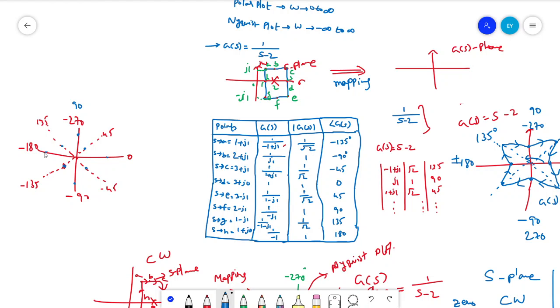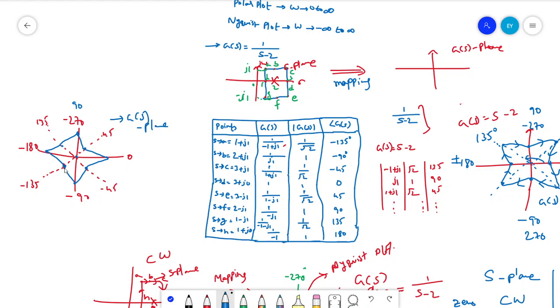So what we need to do is join all the points starting from minus 135. This is how it looks. When I go from A to H in the S plane, this is the G of S plane, because we are considering G of S for all those points, and this is the origin.